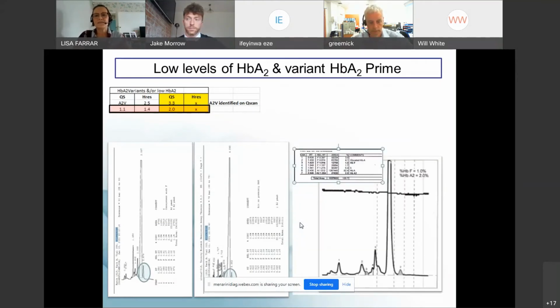The same sample run on the Hb9210 gave much better separation, a lot of resolution of the A2 from the hemoglobin A, and this is where this was a superior separation to the Primus at these very low levels, and it gave us an adequate hemoglobin A2 of 2%.